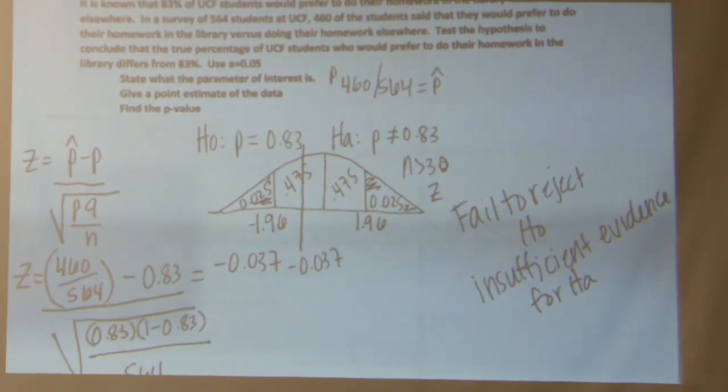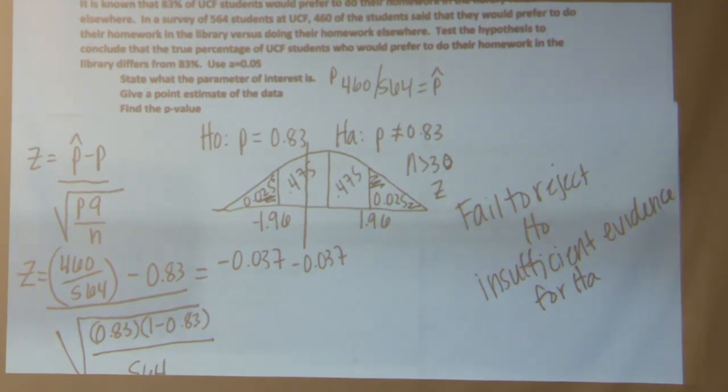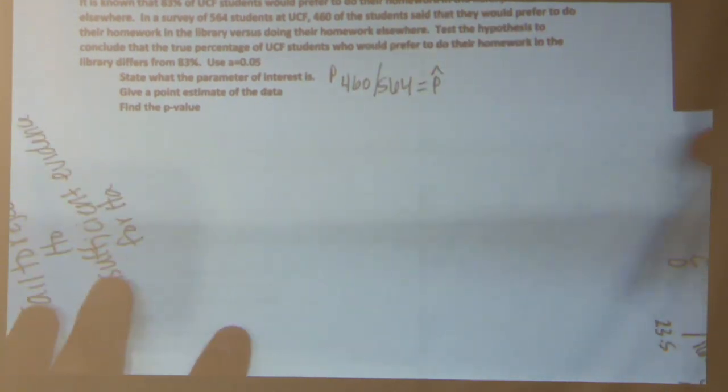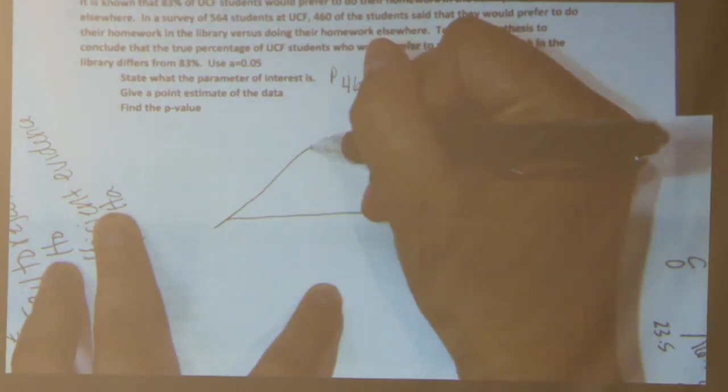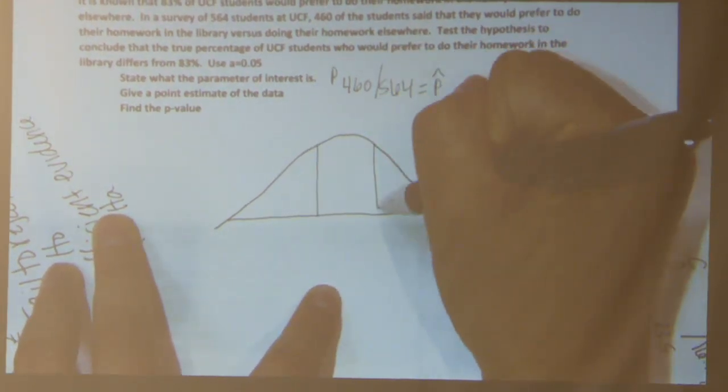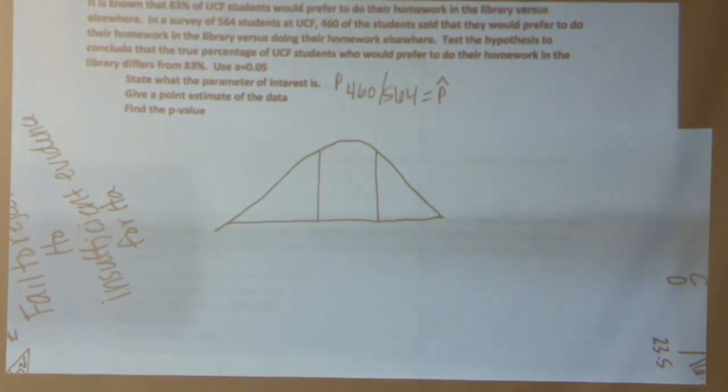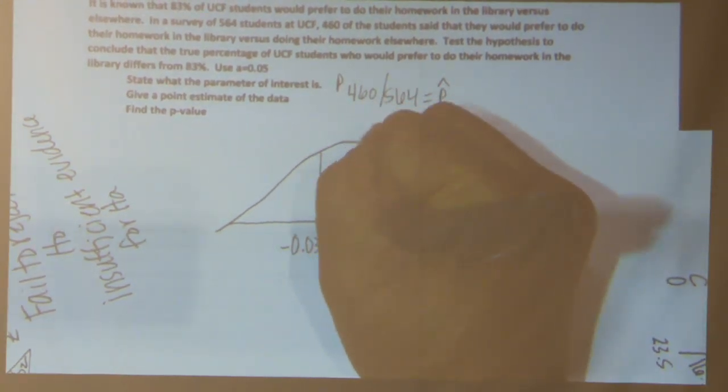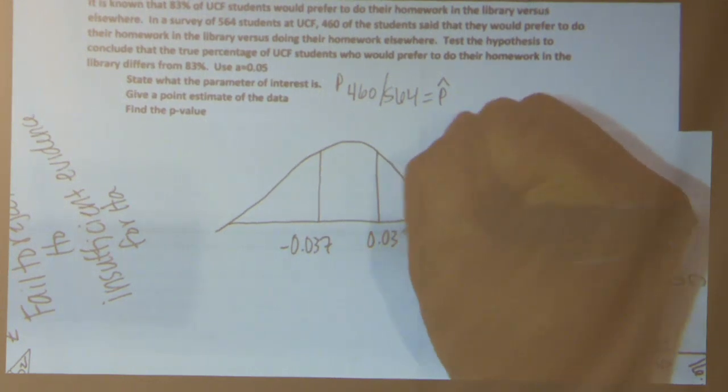So the next part says find the p-value. So when you're looking for the p-value, it really depends on what kind of tailed test problem you have. We have a two-tailed test problem. So we can go ahead and draw our chart again with the two tails. We have now two test statistics, one of negative 0.037 and one of positive 0.037.